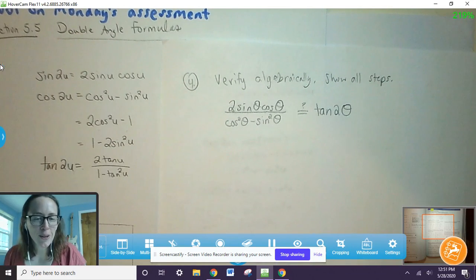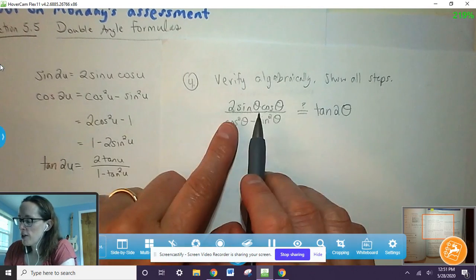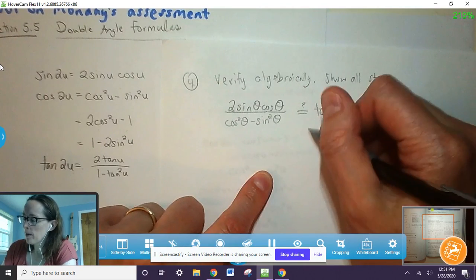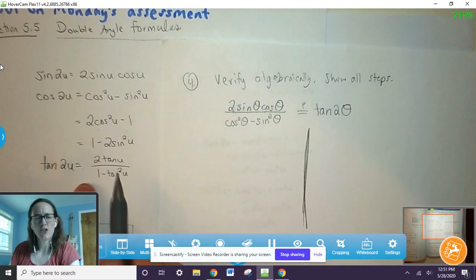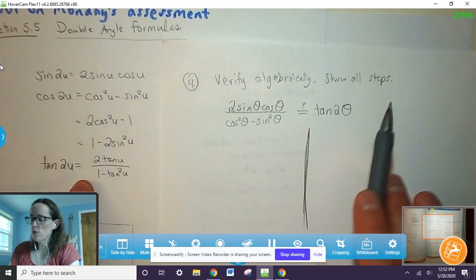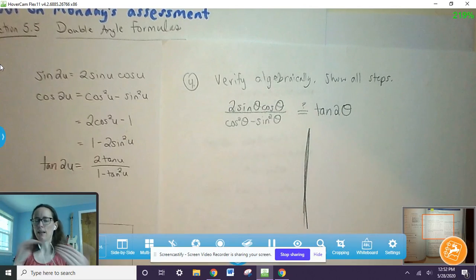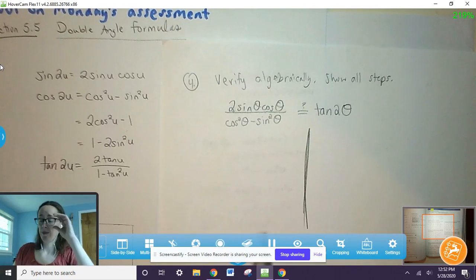All right, so I know these formulas are new. However, if you look, I'm actually not going to focus on the right-hand side right now because that makes a big fraction with tangents, and I don't quite see that happening over here. So you could turn this into 2 tan theta over 1 minus tan squared theta, but I feel like that's not going to work out for me. So I'm going to focus on the other side.